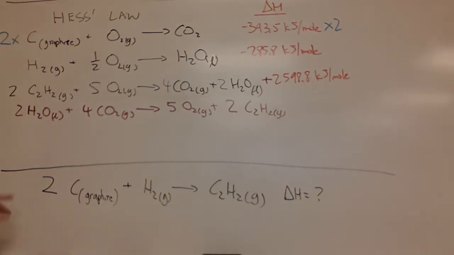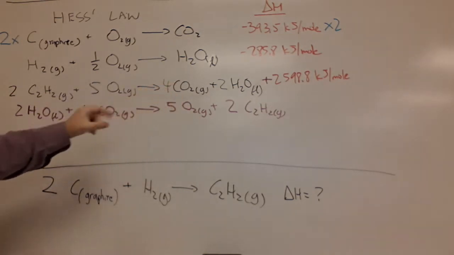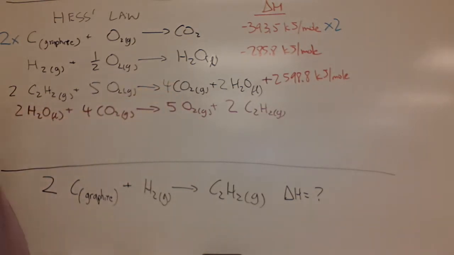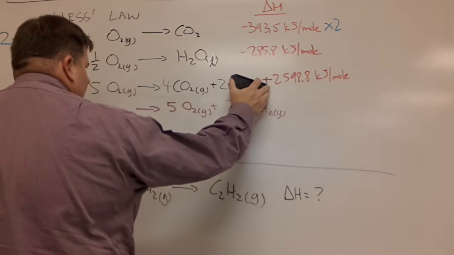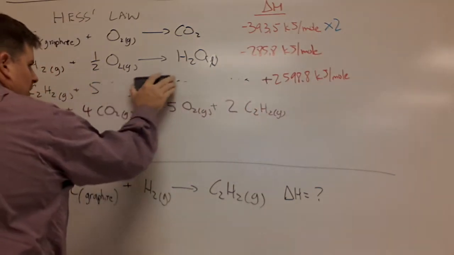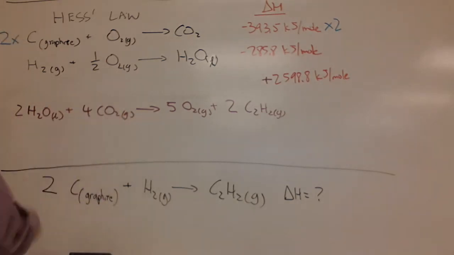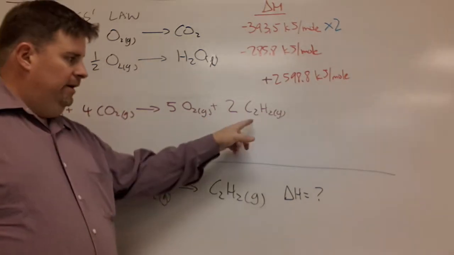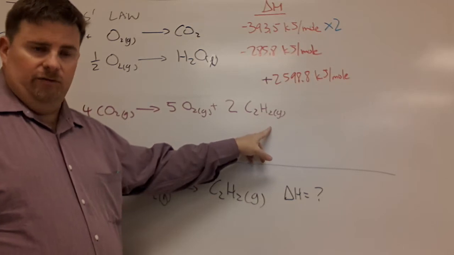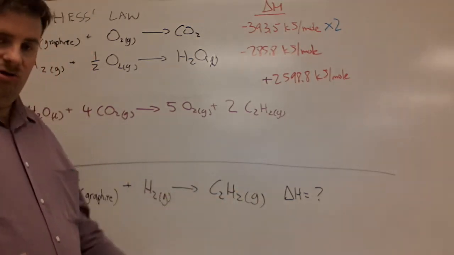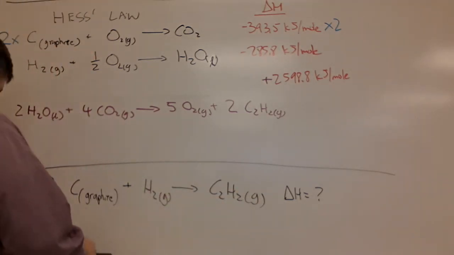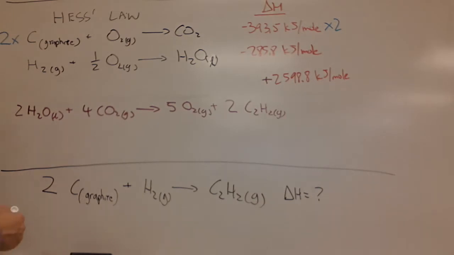So now that I've reversed this, I've got this copied down. Make sure that I've copied it down right, and I have. What I'm going to do now at this point is erase this, because I've got to use this particular reversed equation in order to get what I want. Now notice that I have 2 acetylenes over here, and I've got 1 down here. So what do I have to do to this term? I've got to divide this by 2.